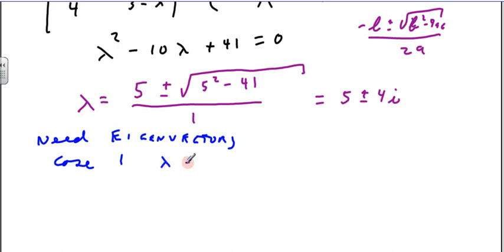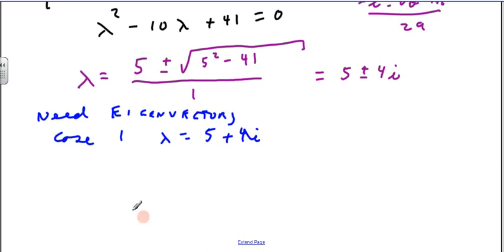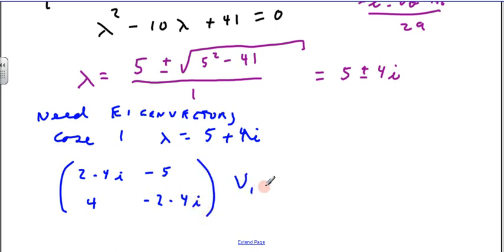Lambda is 5 plus 4i. Okay, so I've got 2 minus 4i, minus 5, 4, minus 2 minus 4i, times v1 is supposed to be 0.